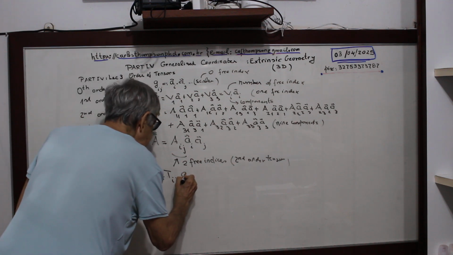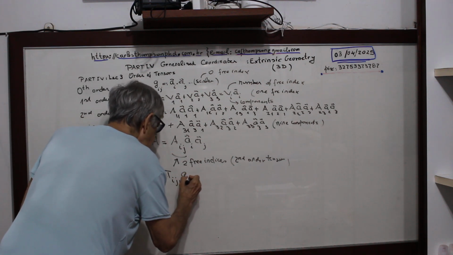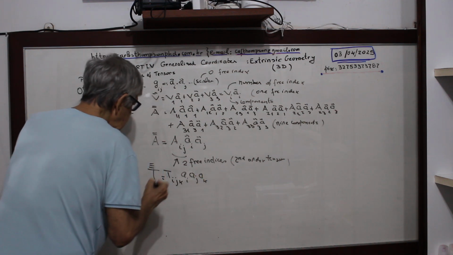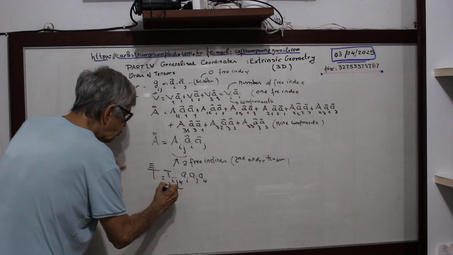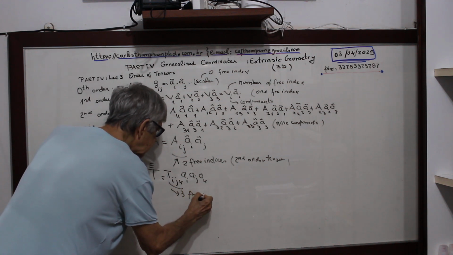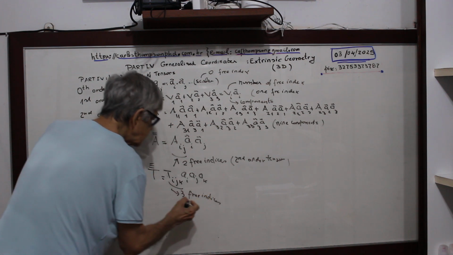Then you have Ai, Aj, and Ak. Again, you see, 3 indices.